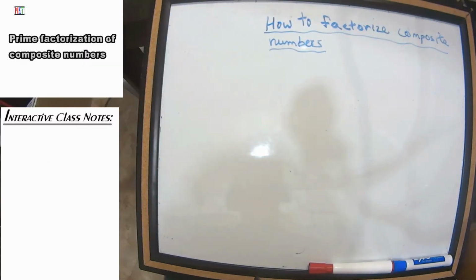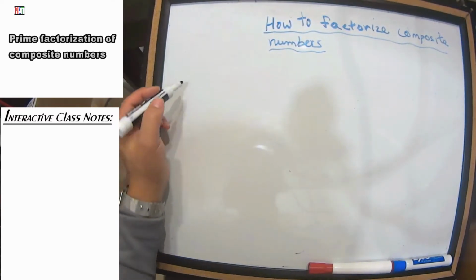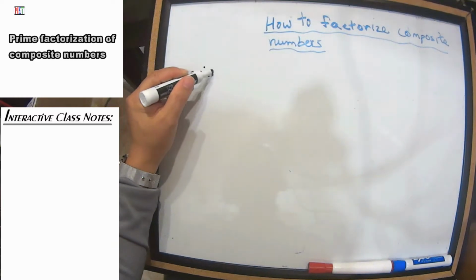Now before I do that, let's define what a prime number and composite number are. Okay, so let's look at prime number first. What is a prime number?